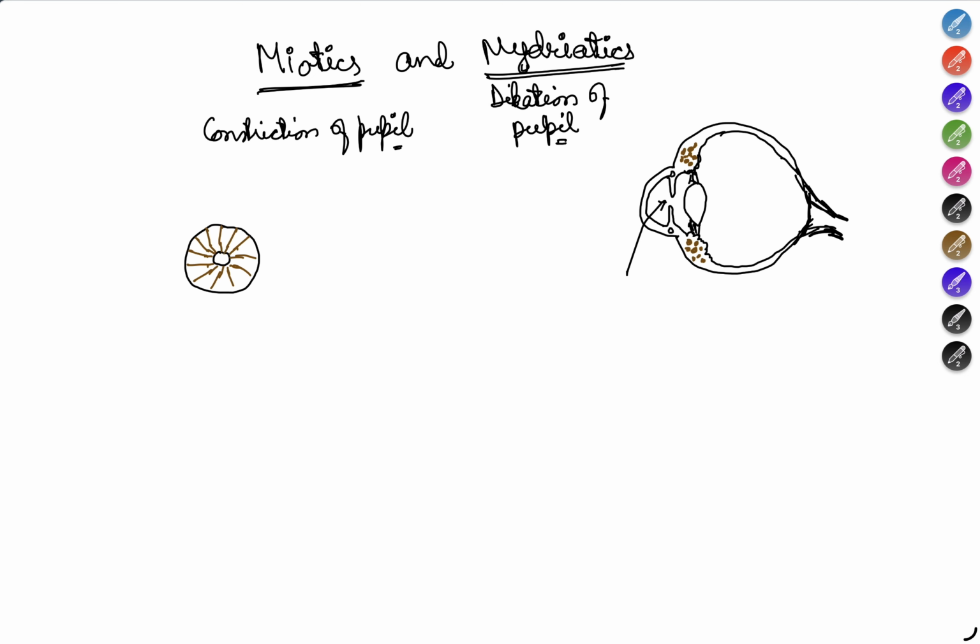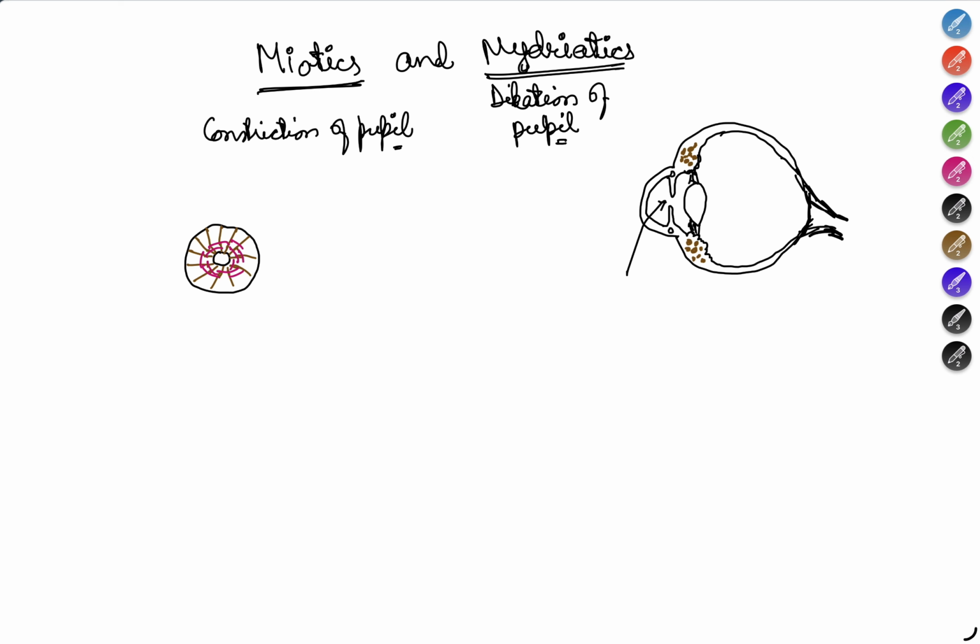And then there are the circular muscles, which are present concentric to the pupillary aperture. These two subsets of muscles have different sets of receptors.